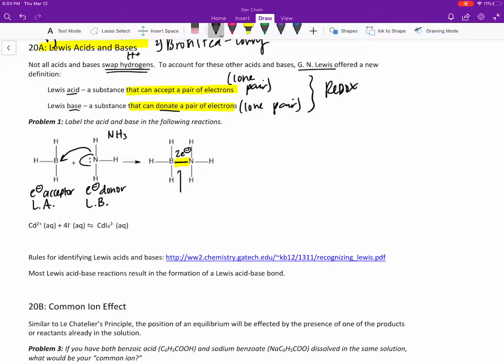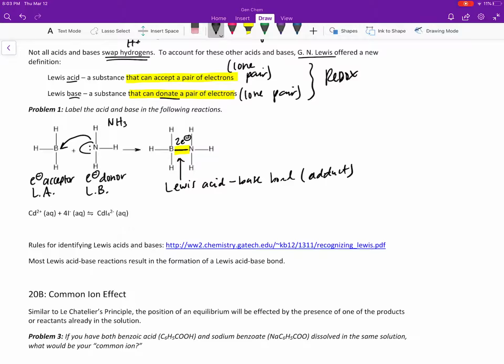Now this bond right here, we're going to call a Lewis acid-base bond, often called an adduct, ADDUCT.